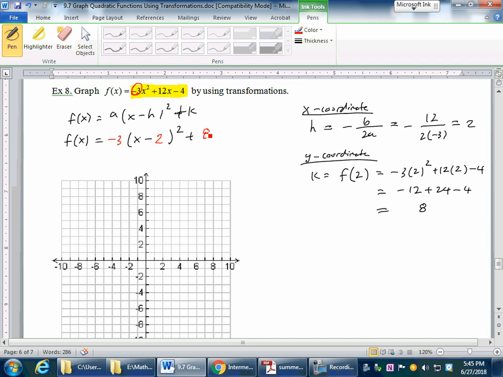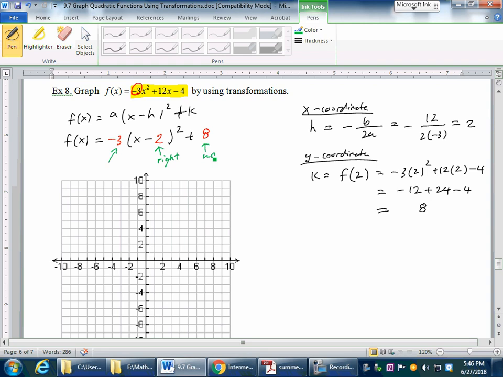So basically you plug it back in. And this helps us to sketch the transformations, which are: we're going to reflect and then stretch and then shift to the right 2 units and then shift up 8 units.